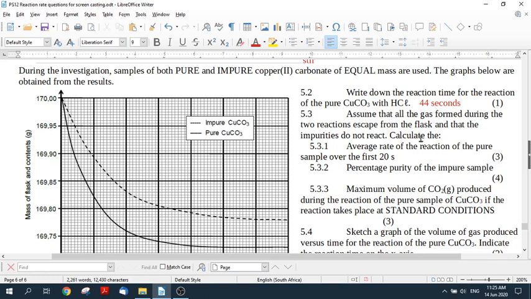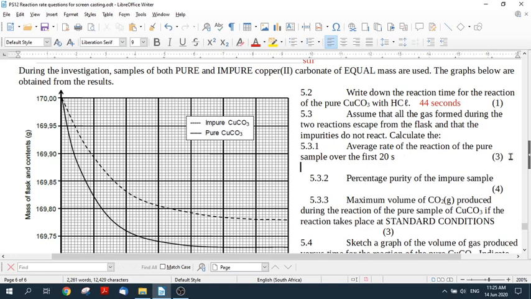It says, assume that all the gas formed during the two reactions escapes from the flask and that the impurities do not react. Calculate the average rate of the reaction of the pure sample over the first 20 seconds. So we're going to make an equation here that the rate is equal to the change in concentration.